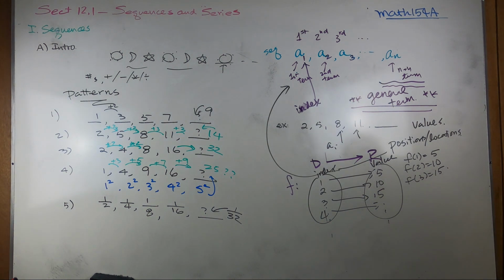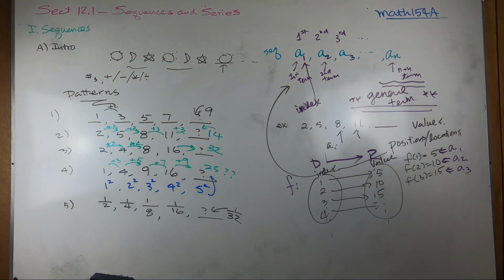Then instead of the function symbol, what do we use for the sequence? We use A1, A2, A3, things like this. For sequences, we use such symbols.